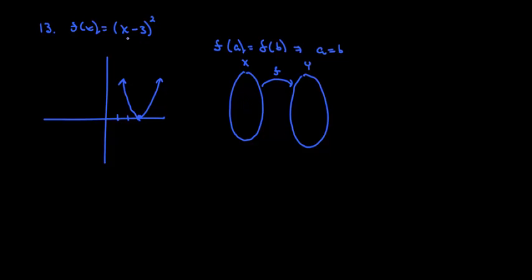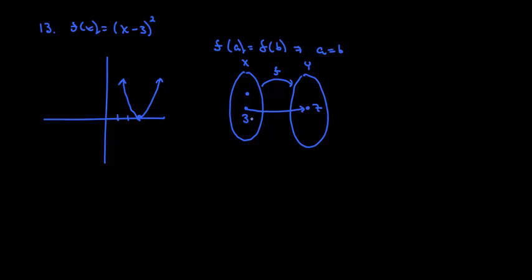Let me use some numbers instead of my a and b values here. I only need one dot over here. Let's say that 3 maps over to 7.